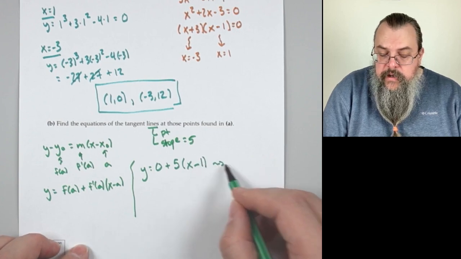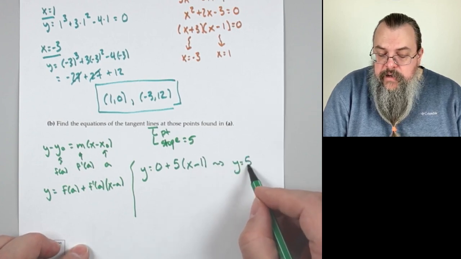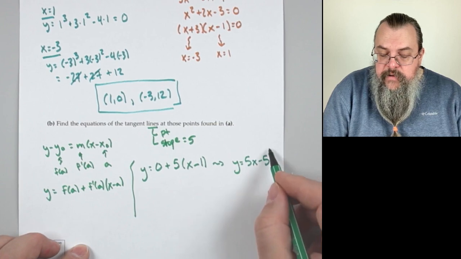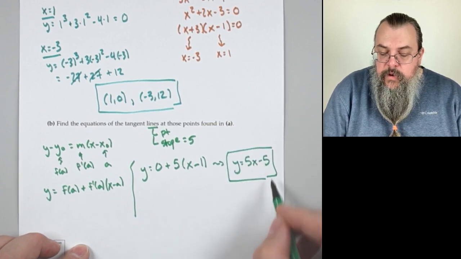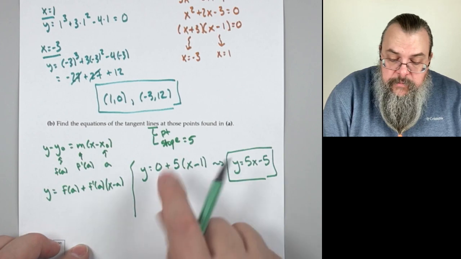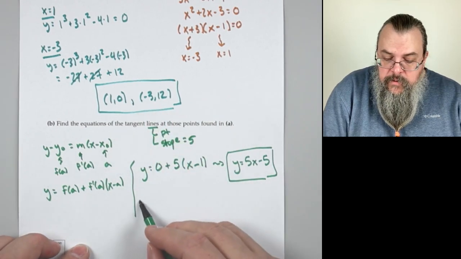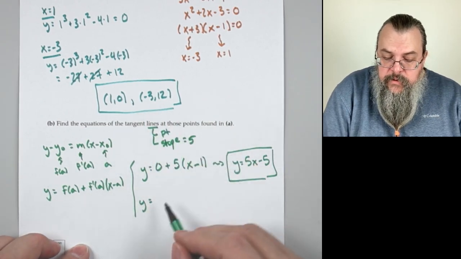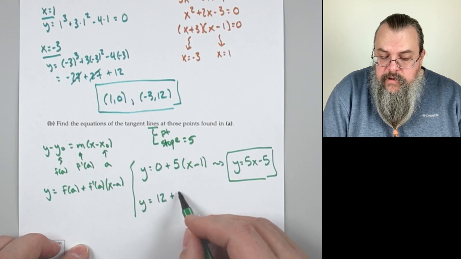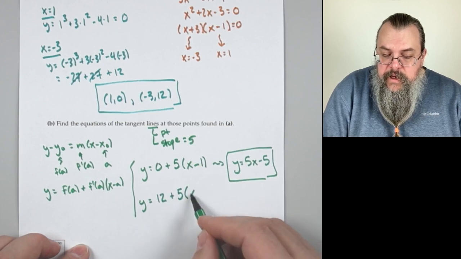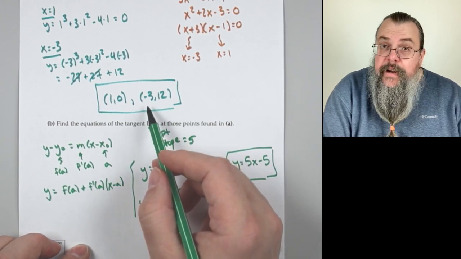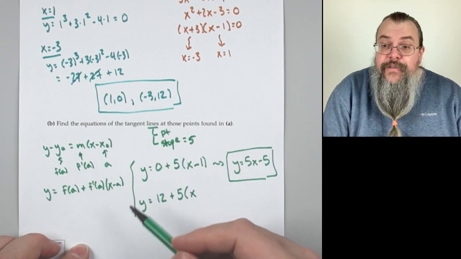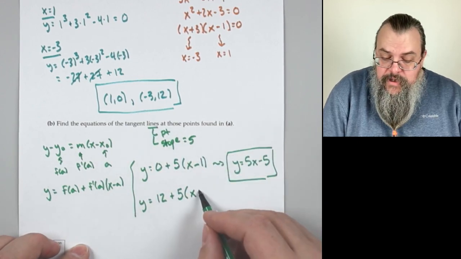That's y equals 5x minus 5. Okay, so that's one of our tangent lines. If we go with our other point, y equals our y value, 12, plus our slope 5, times x minus our x value, minus 3 becomes plus 3.